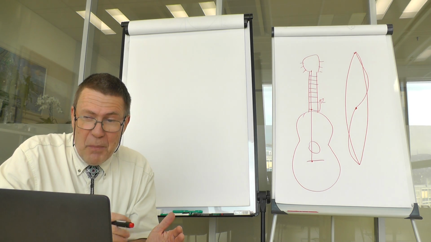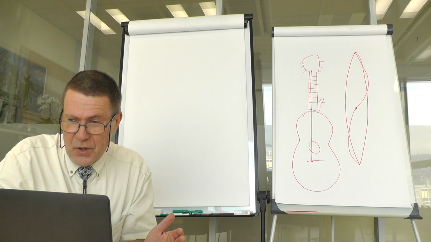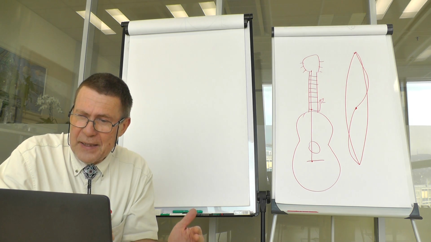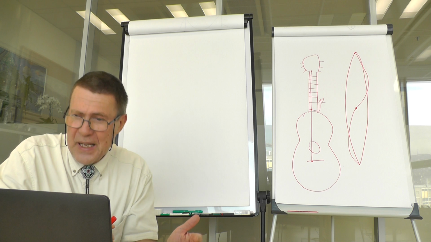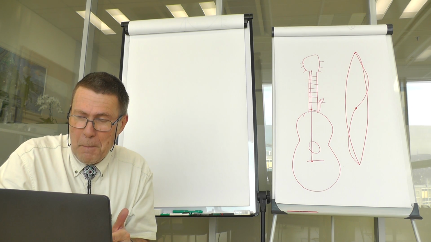All those are marked by 0, 1/2, or 1 point each. So there are at maximum 10 points from the theory. And then there are 3 tasks, each for 10 points. Okay.